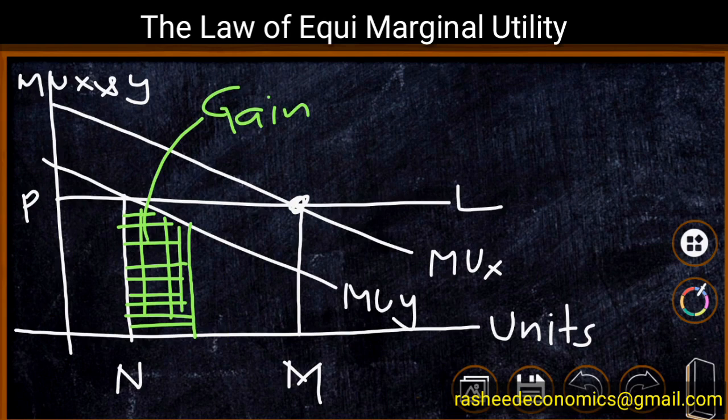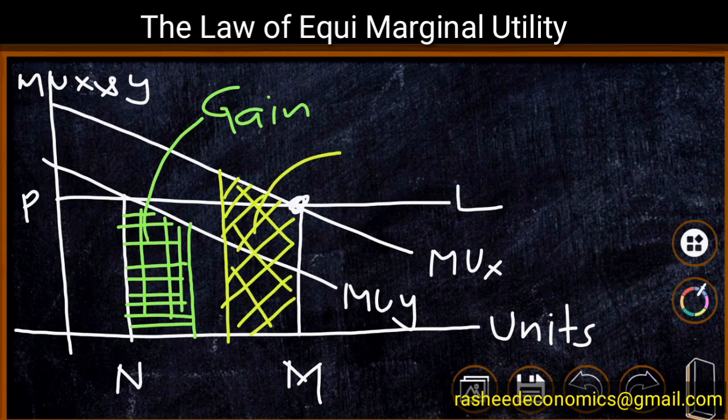In order to consume 1 unit of Y, he will have to reduce the consumption of X by the same amount as we discussed earlier. Therefore, consumption of X is going to decrease by a particular amount. That is, consumption of X has been decreased by this much, and due to this, the amount of utility that the consumer is losing is, this is the loss in utility, this shaded area.